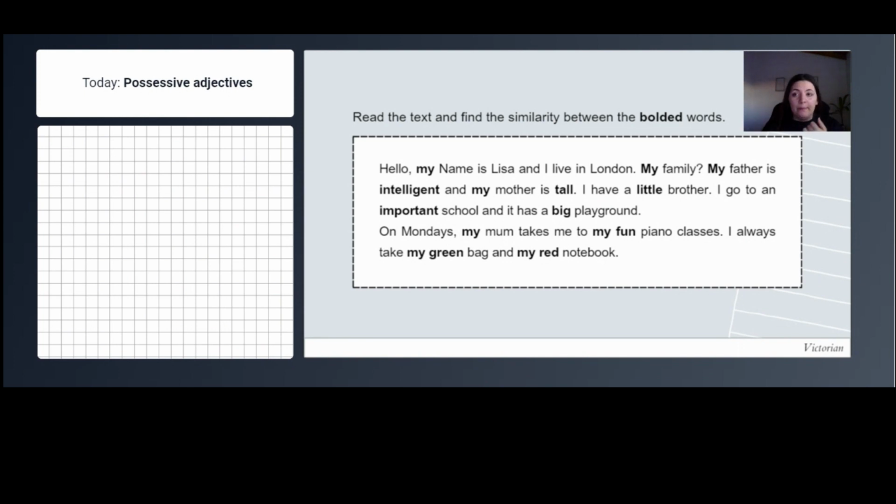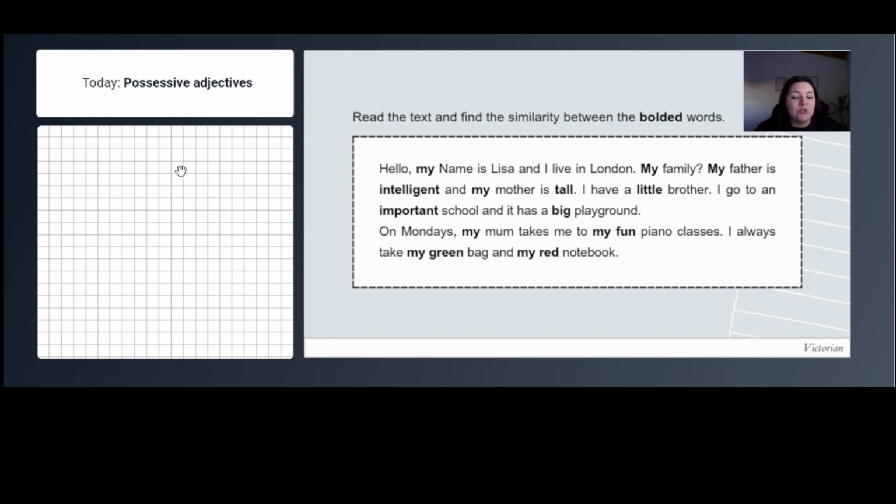For example, beautiful, amazing, new, old. We have many options for that. And also words like my. My only works for people or activities or places or objects that belong to me, to I.